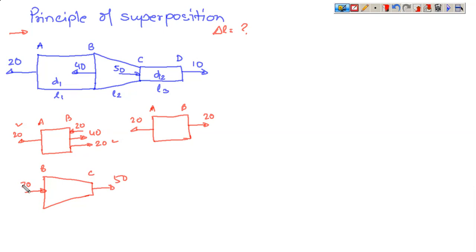Now this is your left hand side, this is your reference, and the other side becomes your manipulator. So what you do is you add 20 here and again you subtract 20 here. So this value and this value are further utilized. So this becomes 20 here and 20 here.